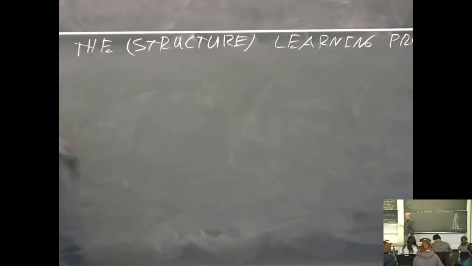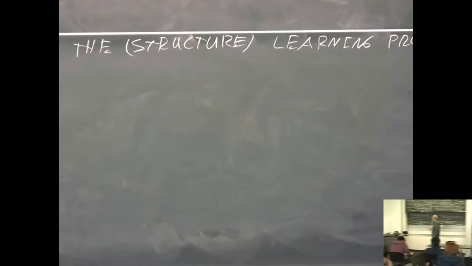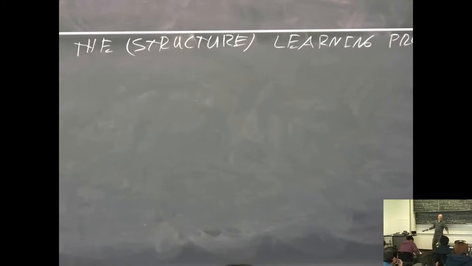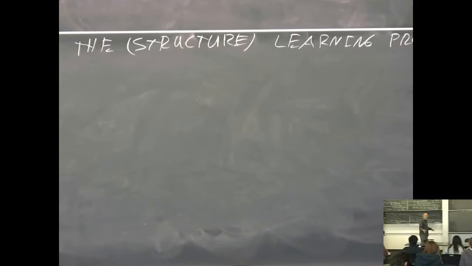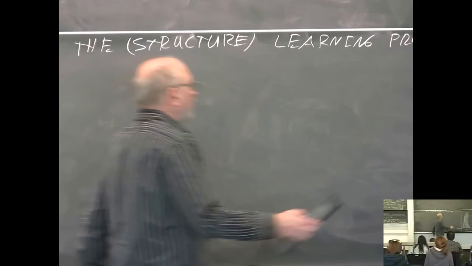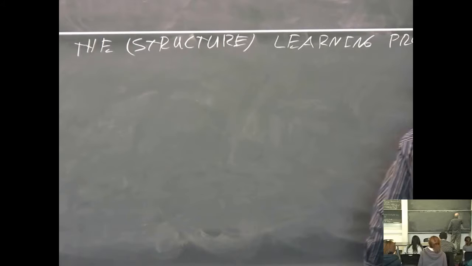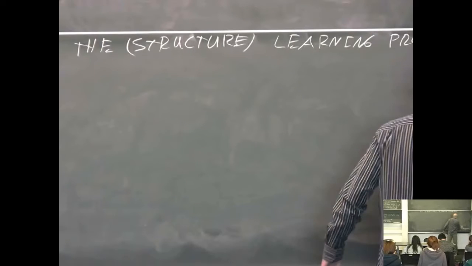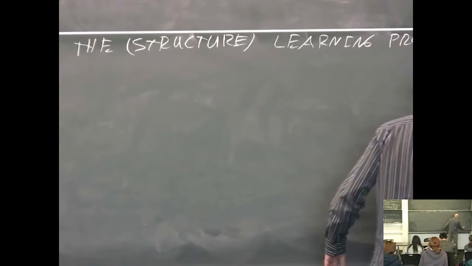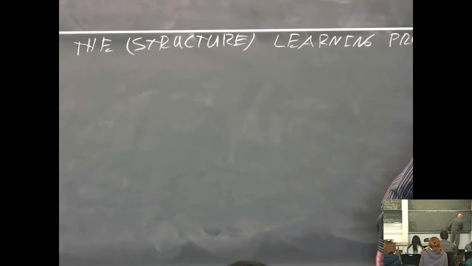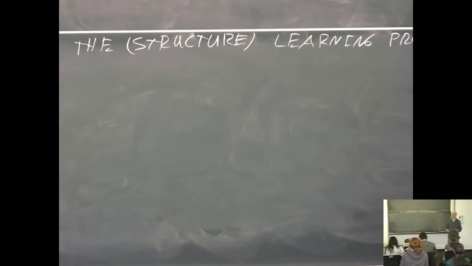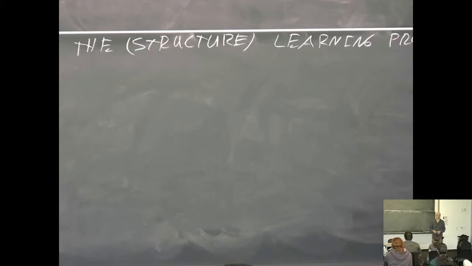Not surprisingly, it's even harder than the parameter learning problem. The parameter learning problem, we have kind of a solution. It gives us a local maximum, not a global maximum, but it's something. The structure learning problem, we can formulate it as an optimization problem, but in general, it is very hard to come up with good solutions, because you typically don't have nearly enough data to estimate the structure.